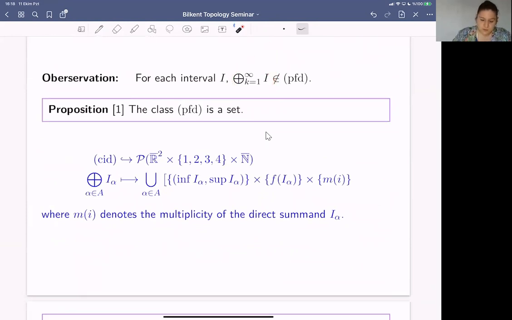In this case, so this should be PID, sorry, you can use the same function so that the class of pointwise finite dimensional persistence modules is a subset of this power set, because this is an injection. So we can say that this is a set.